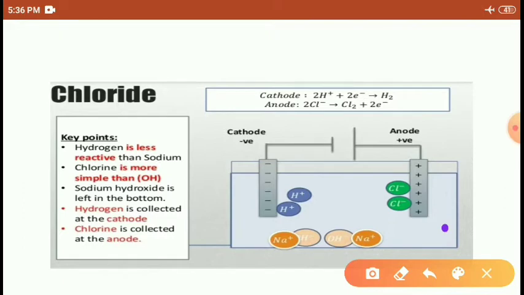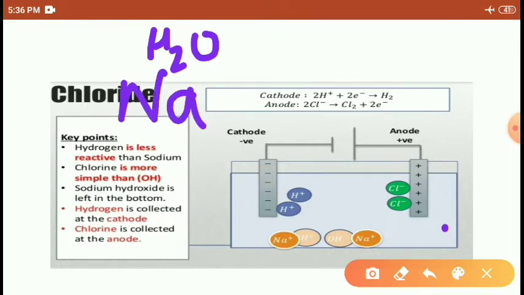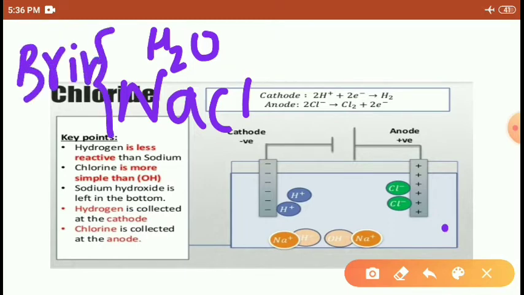We are using water, H2O, and NaCl. This mixture we call a brine solution. Right students?